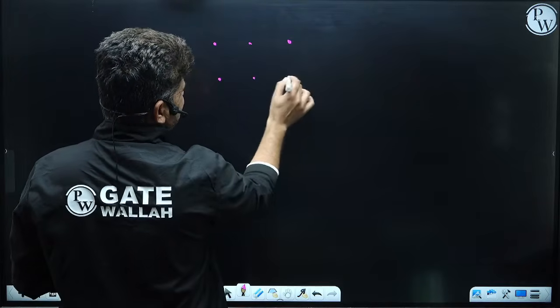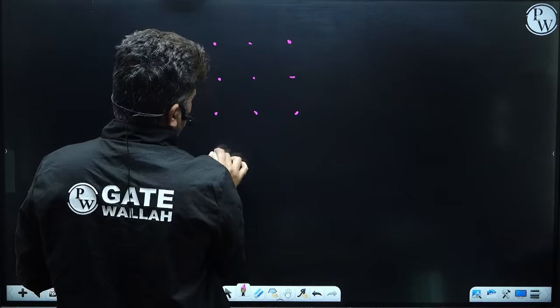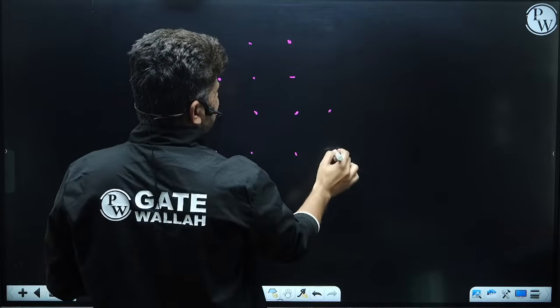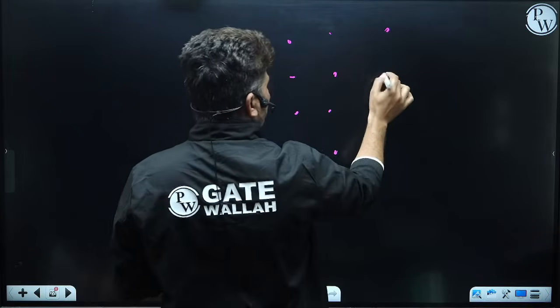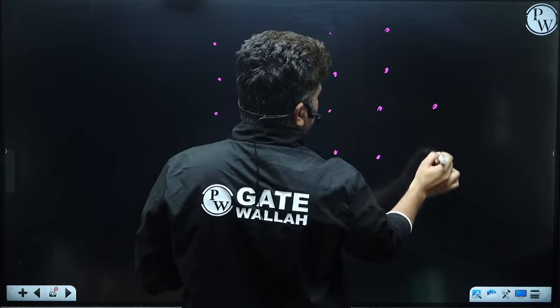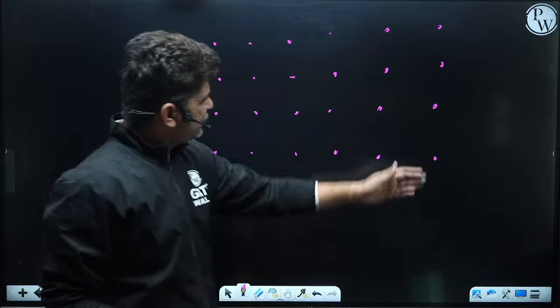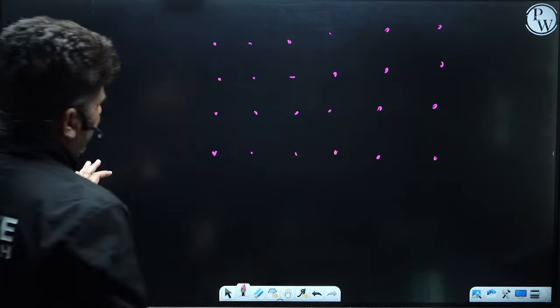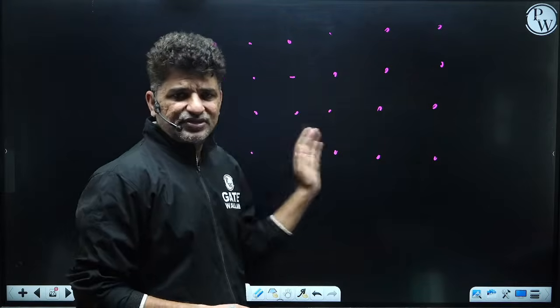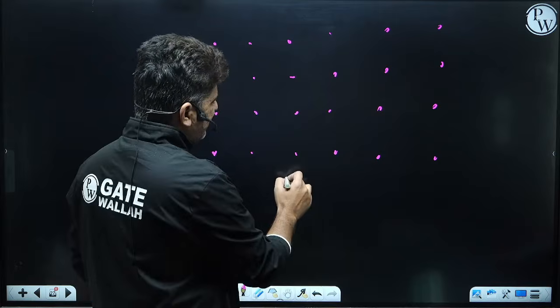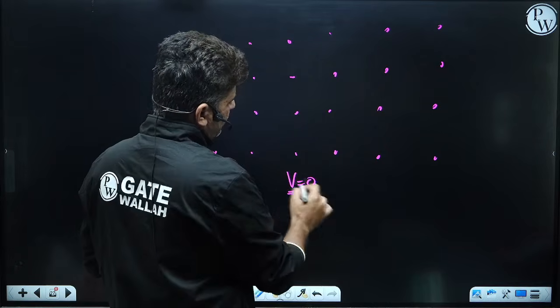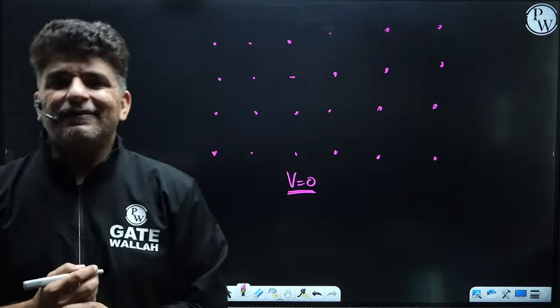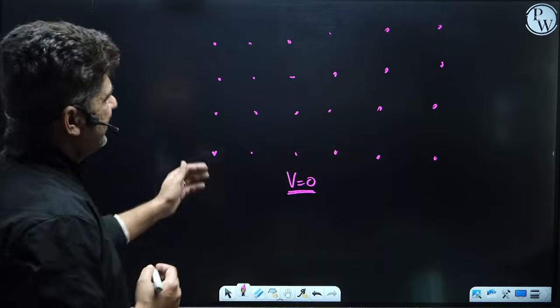So let's say these are the air particles which are present in the atmosphere when one of your aircraft is moving. The particles in the atmosphere have their velocity to be 0. They are not having any velocity. They are just sitting over here.